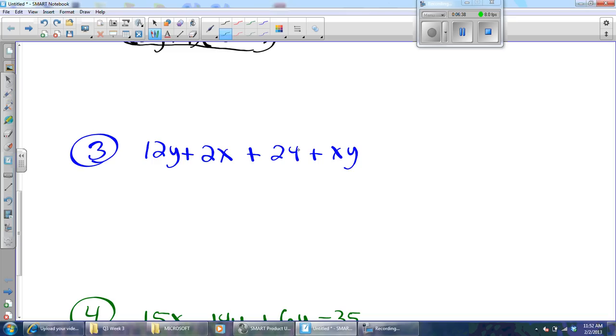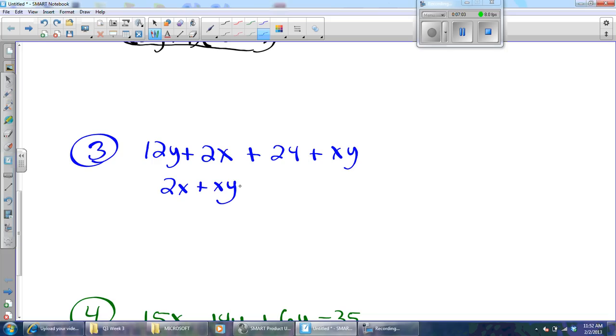All right, I've got a 24 plus xy. I don't see a GCF in this pair. I'm going to rewrite this so that I have GCFs in both pairs. There are probably more than one way to rewrite it. I think I'm going to start with the 2x term, and then I'm going to put the plus xy term.